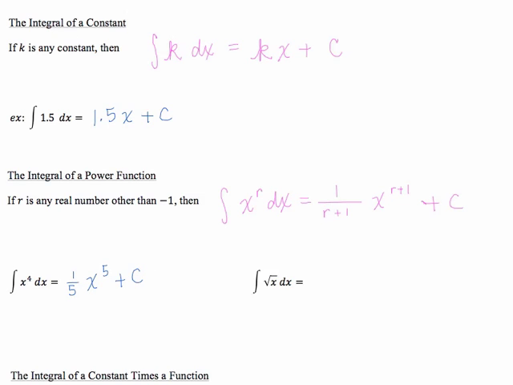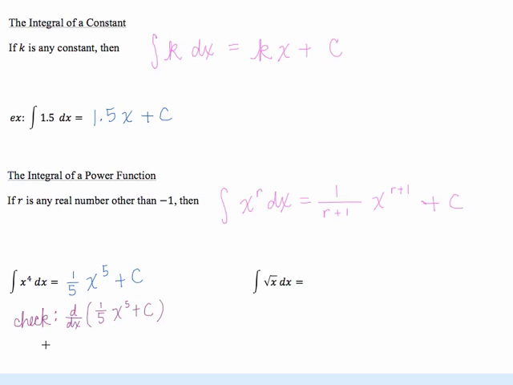Now you can check any integration rule by differentiating your answer. Let's go ahead and check this one, by taking the derivative of our answer and seeing if we get back x to the 4th. So I want to take the derivative of 1/5 x to the 5th, plus c.